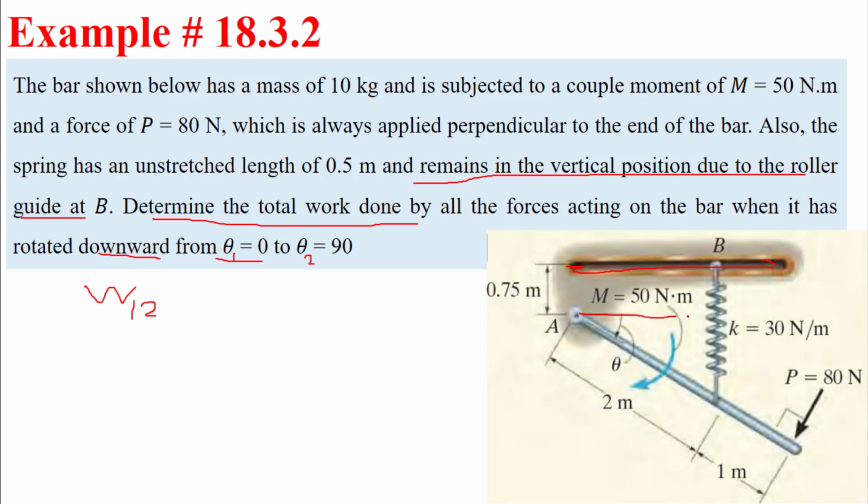So it starts from theta equal to 0, completely horizontal, and ends when it's completely vertical, when the angle is 90. So this is state 1, and this is state 2. So what is required? Determine the total work.